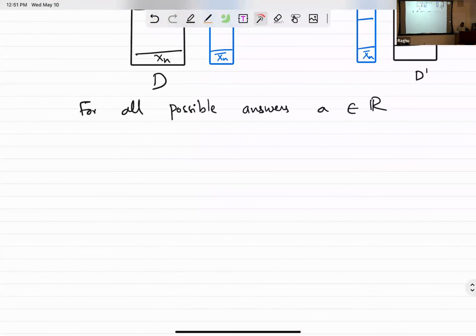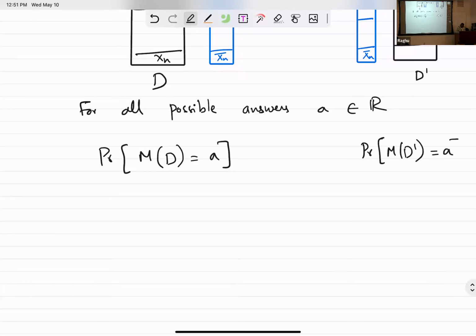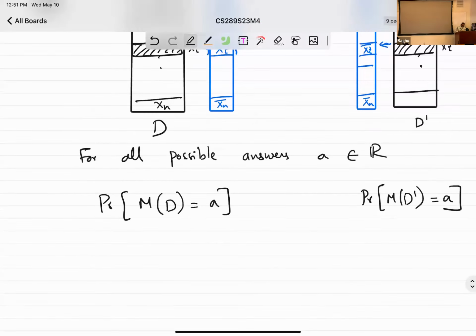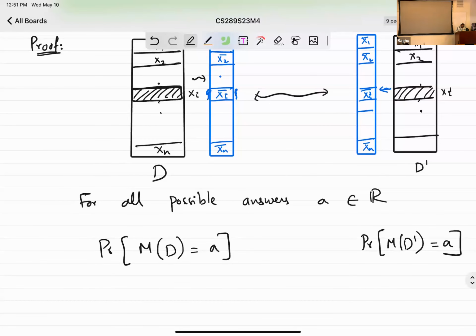For all possible answers A, we want to say the probability that you output A under the first case is close to the probability that you output A under the second case. And as I said, this is the only entry where we have a mismatch. And everything else is the same.